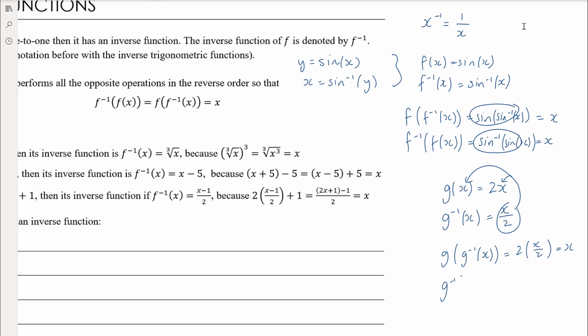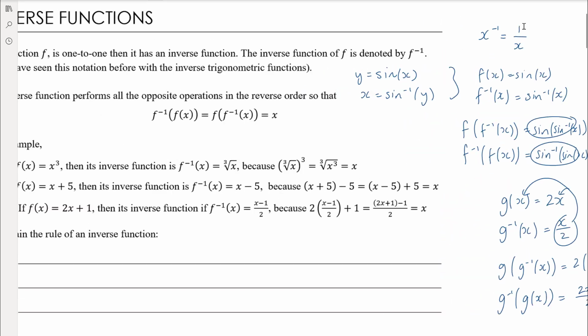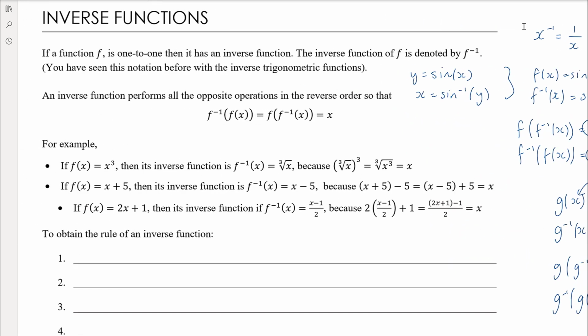The same would be true if we did it in reverse: if we substitute the original function into the inverse, we get 2x over 2, which is x. So we're essentially creating a function that does the inverse operations in the reverse order, and therefore if we sub one of those functions into the other, those operations all end up undoing each other and we get back to x, which is essentially what this line is saying here.